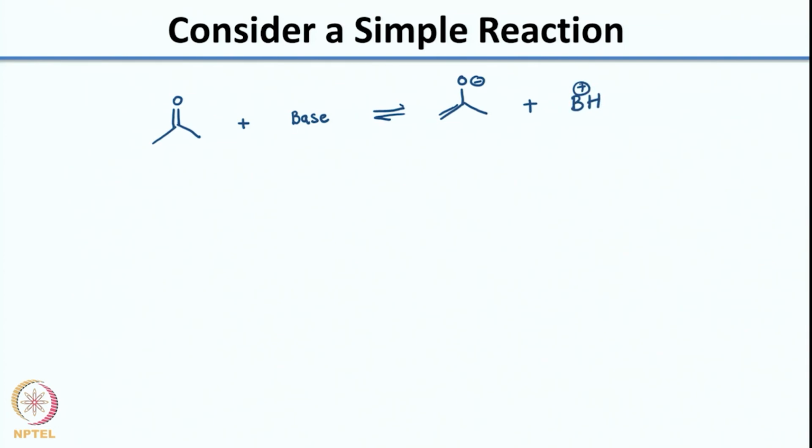Now let us consider a specific example. Let us consider the base as OH minus, and if the base is OH minus, what would be the conjugate acid? It will be water. Let us say another example, the base as OMe minus, methoxide. What will be the conjugate acid?